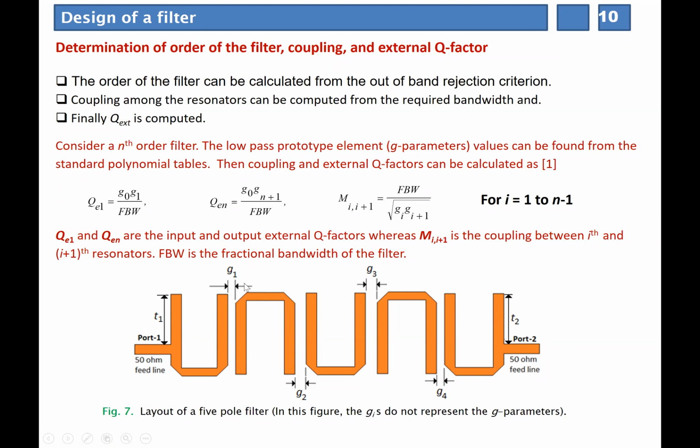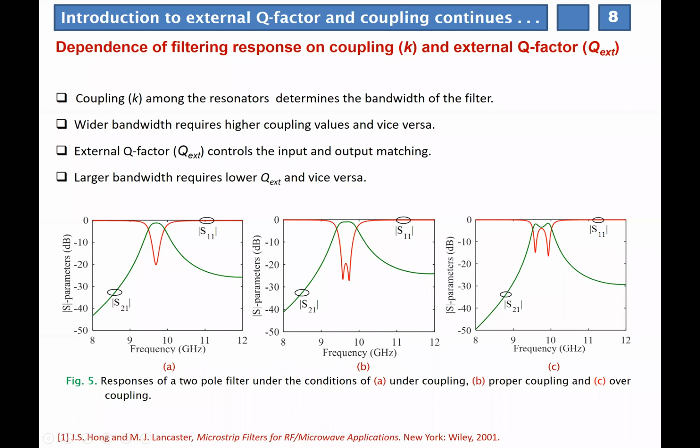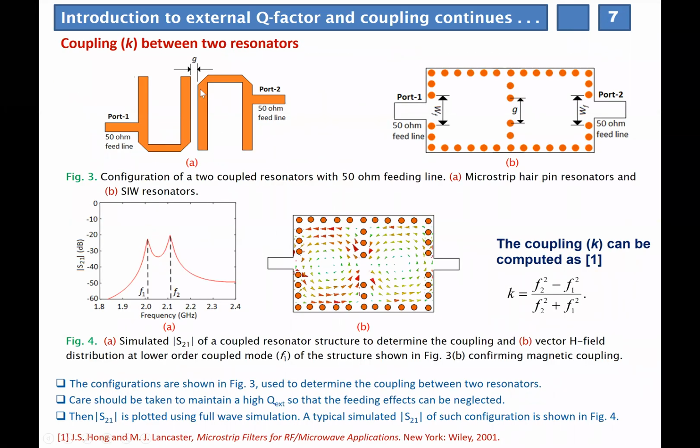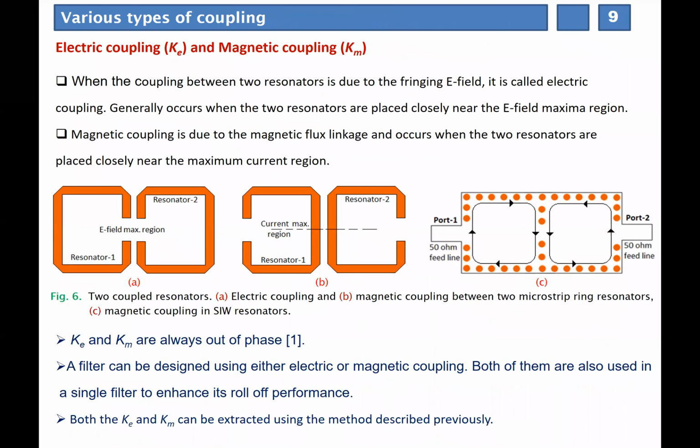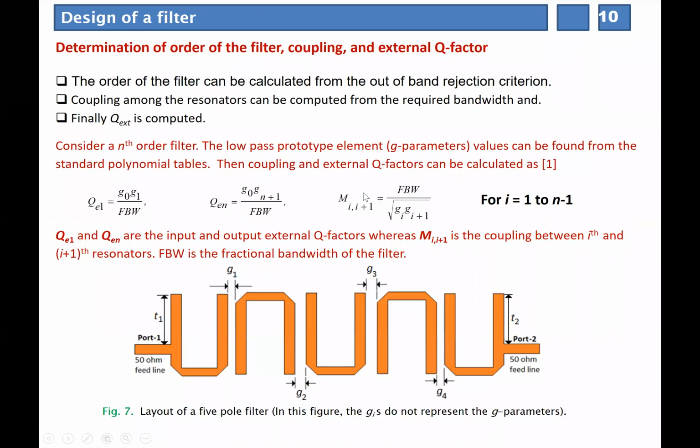Now, from this structure, figure 3a, we will have one plot of coupling with G. So we can find out the required G from the computed M, right?